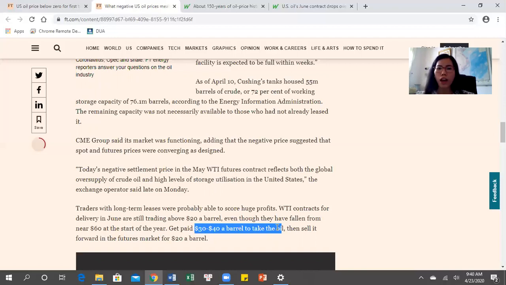For example, you have to pay $2 for one barrel just for the space in storage. If someone really wants to buy it at zero, you don't need to pay the $2 storage fee. It's still better than losing $2 on the storage fee. So that's why $0 still makes sense, because you don't have to lose.